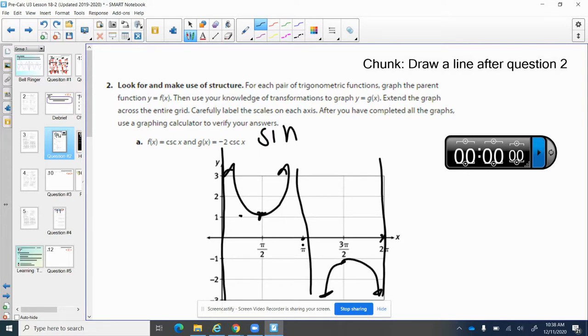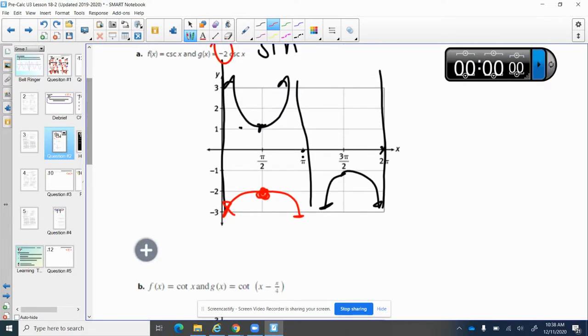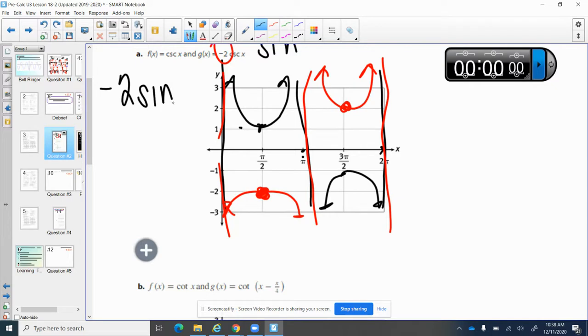If we are going to expand this to be at negative 2, we know we're going to have a reflection down, and this graph is going to be expanded so that the amplitude isn't at 1, it's at 2. So this is going to be reflected the other direction, although these vertical asymptotes would stay at the same spot. Another way of looking at this is thinking about negative 2 sine of x. If we were to graph that, negative 2 sine of x would start here, go down, back to the midline, up, back to the midline, which is consistent with that reflected value we just looked at.